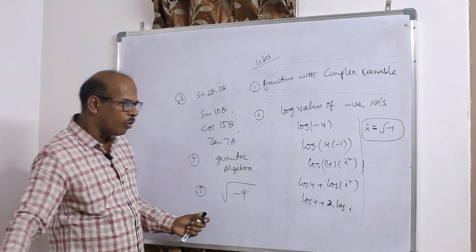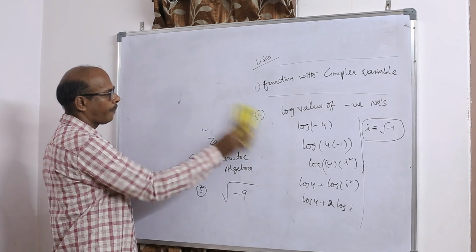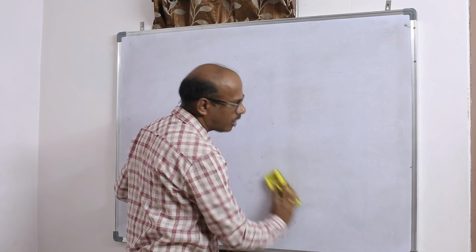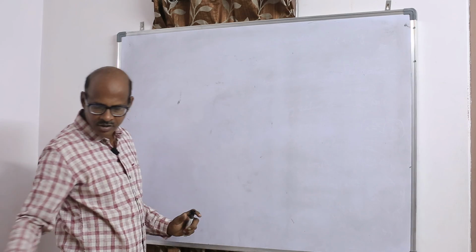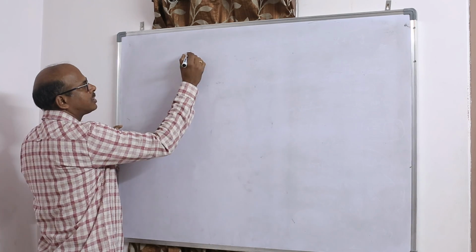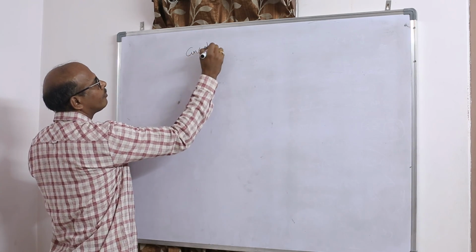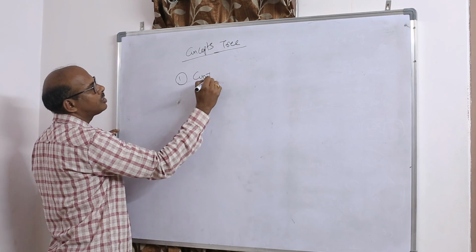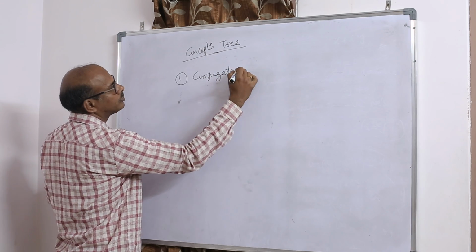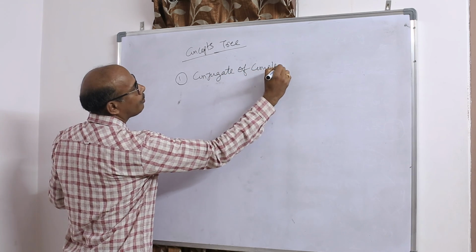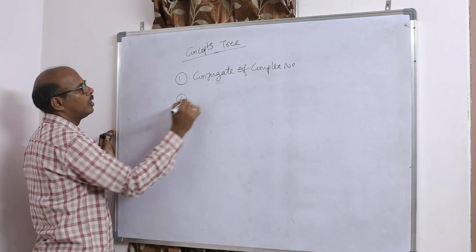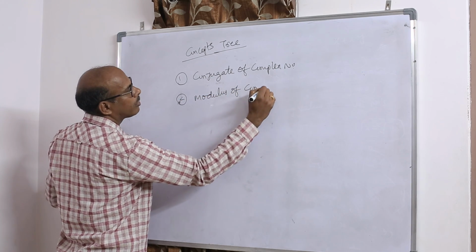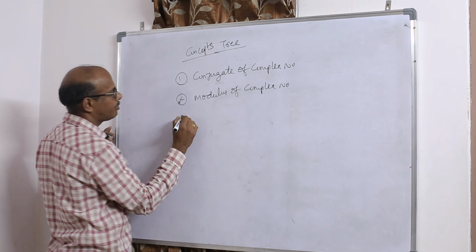Okay. Now, on the first day, I am introducing a tree of the total concepts involved in complex numbers. Concepts tree. Number 1, conjugate of complex number. Number 2, modulus of complex number.